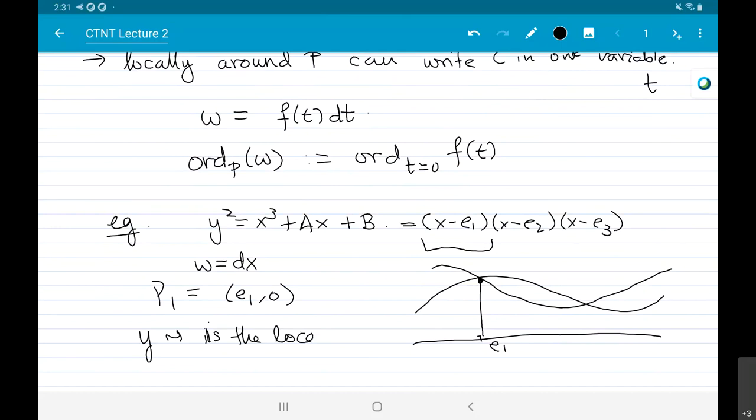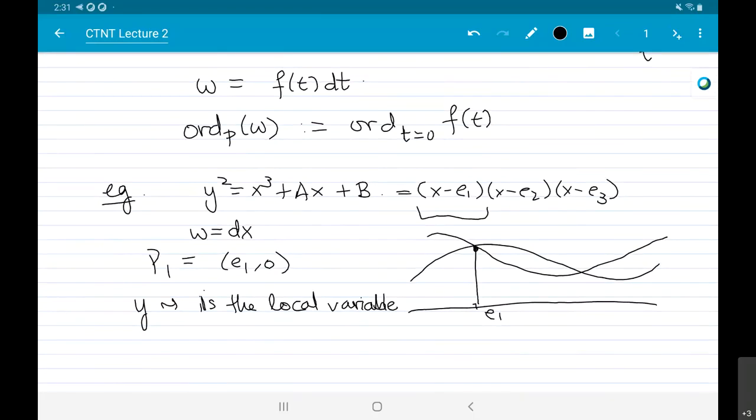You can prove this using the inverse function theorem if you like. So you can write x minus e1 as y squared times something that's a unit in the local ring at that point.